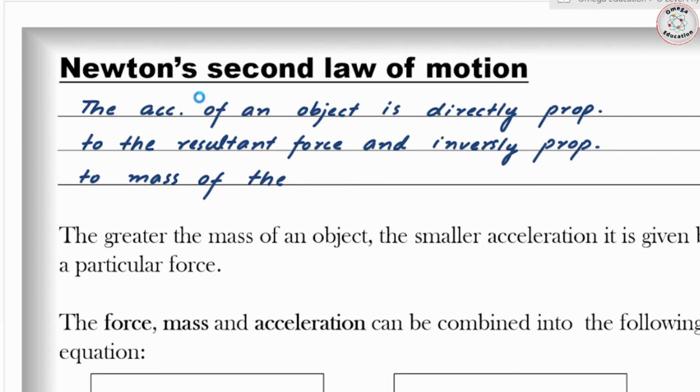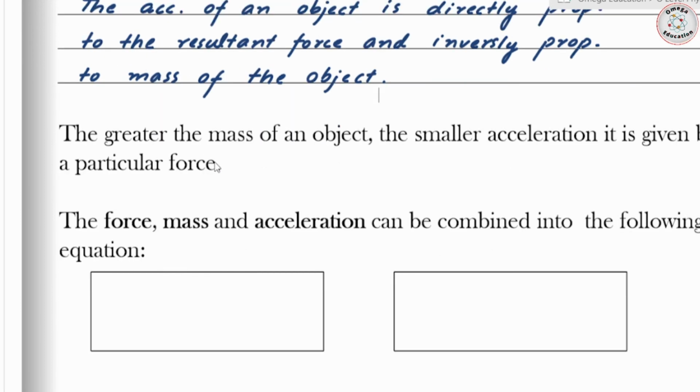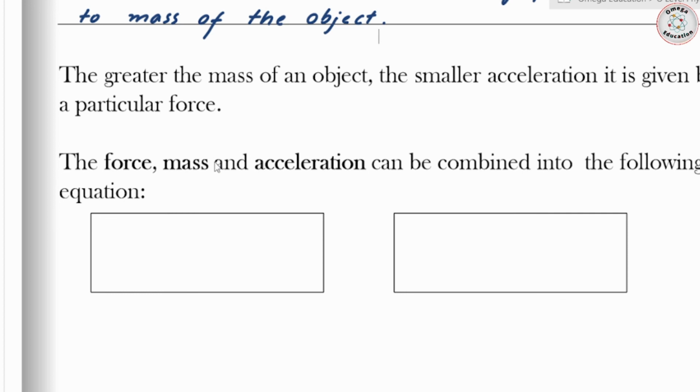And then you have this thing: the greater the mass of the object, the smaller the acceleration it is given by the particular force. And it's the other way around. So the force, mass, and acceleration can be combined into an equation.